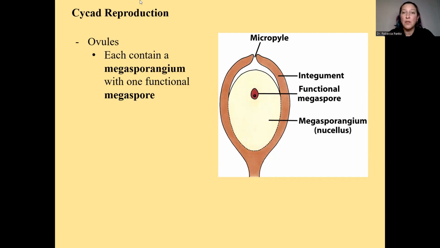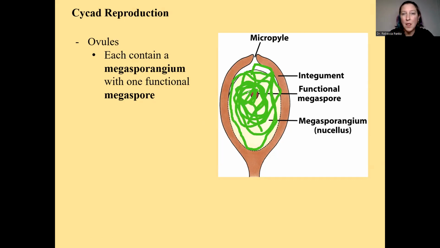The reason the ovule is such a great thing in the evolution of plants is because once this functional megaspore grows via mitosis and cytokinesis and turns into the female gametophyte plant, which will be inside of here, right?